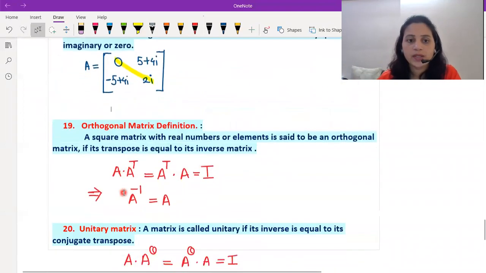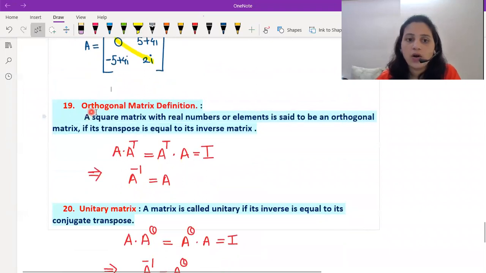Okay. Then the orthogonal matrix. So what is an orthogonal matrix? A square matrix with real elements is said to be an orthogonal matrix if its transpose is equal to its inverse matrix.